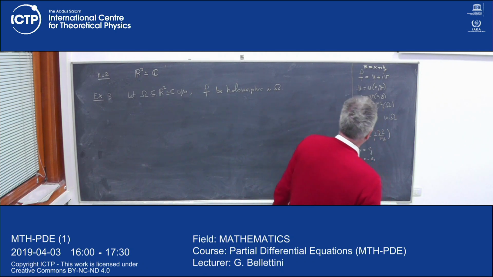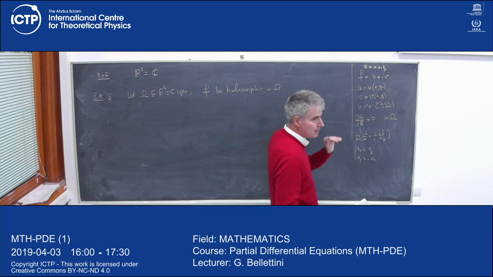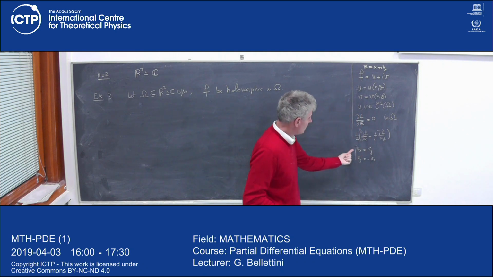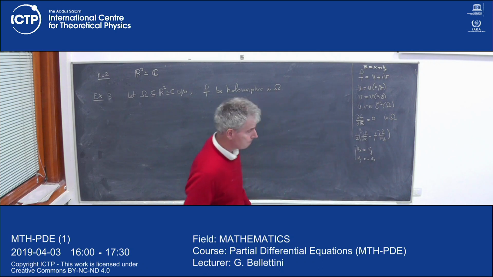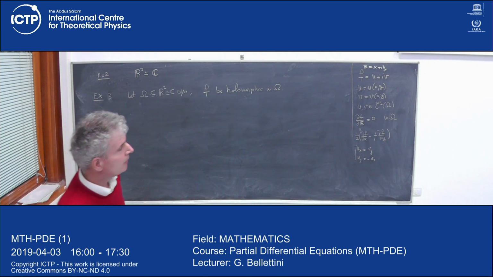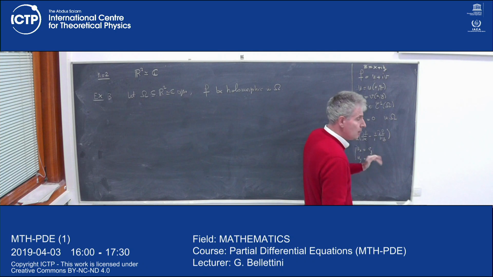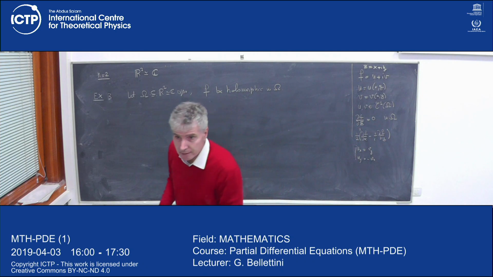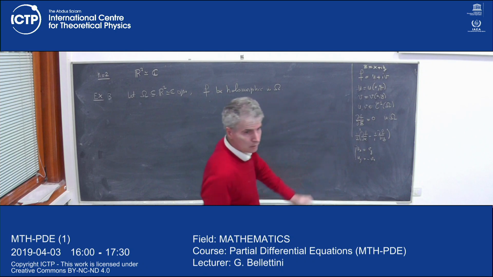So if one likes the real way of writing the problem, one can simply say that u and v must be C1 and they must be solutions of this system, which is a system of two linear first-order PDEs. On the other hand, if one wants to look more intrinsically at C, one should say that f is differentiable in the complex sense, and this derivative must be equal to 0 in omega. Depends on the way.